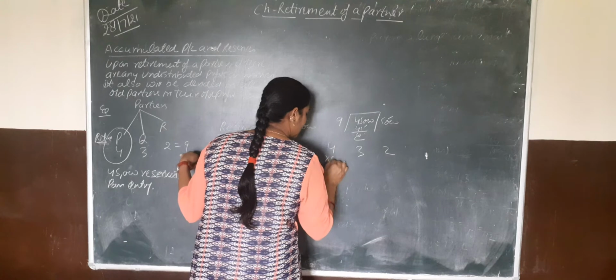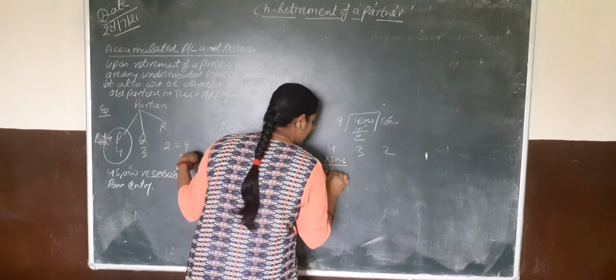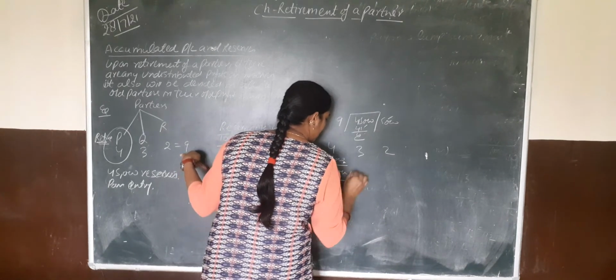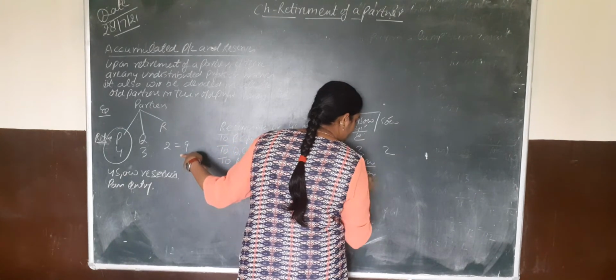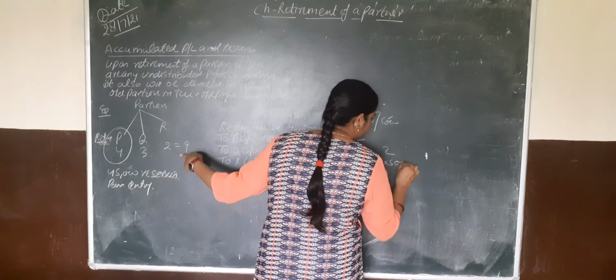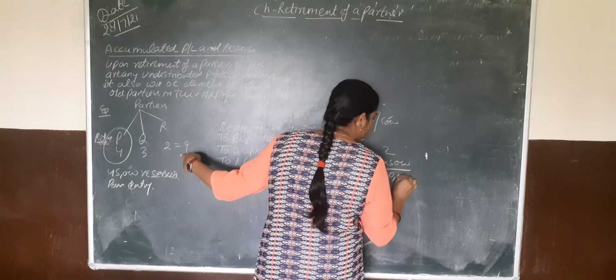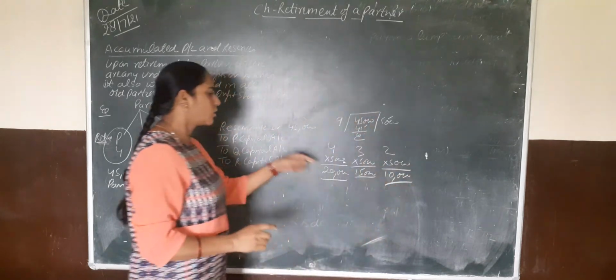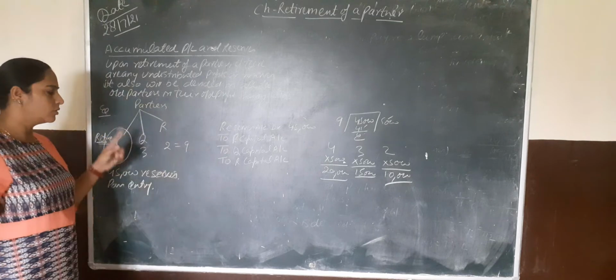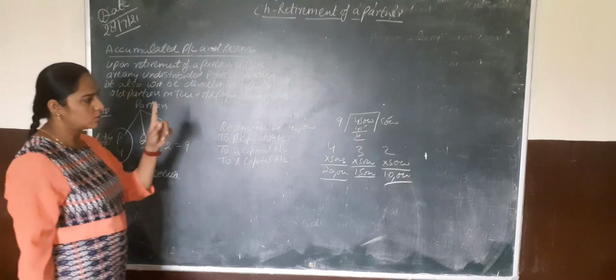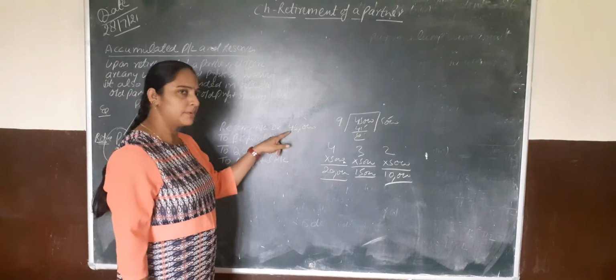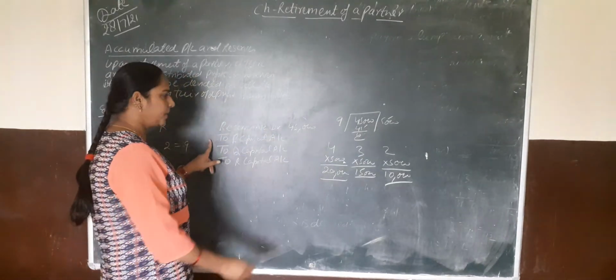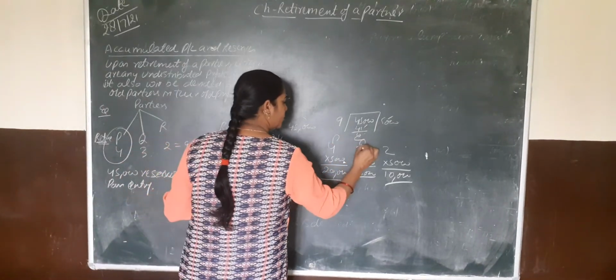So 4 into 5,000 is 20,000, 3 fives are 15,000, and 2 fives are 10,000. Children, according to this we distribute the reserve amount in their old profit sharing ratio, so the reserve amount is debited 45,000 to P, Q and R capital accounts.